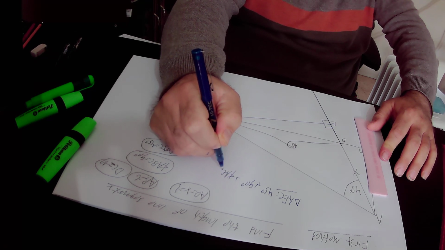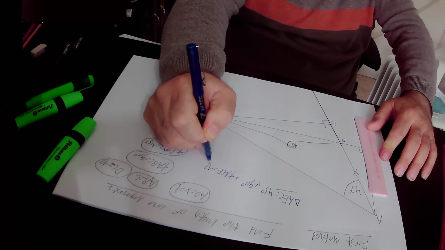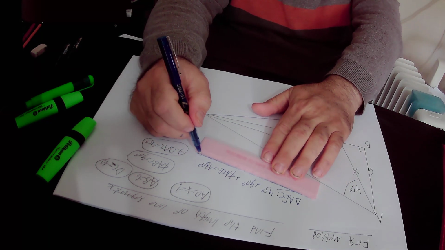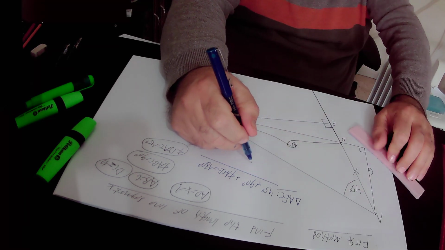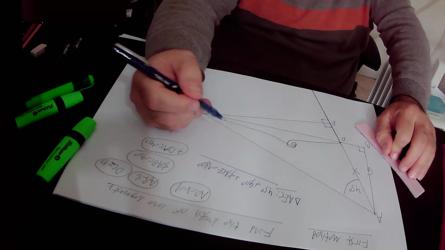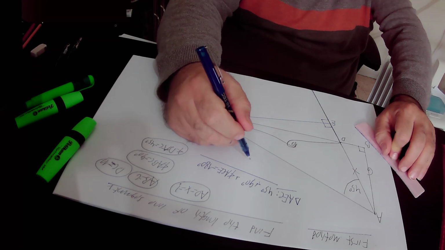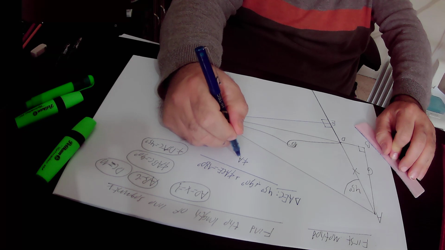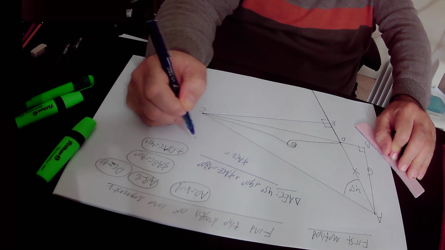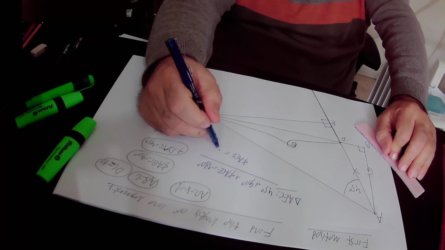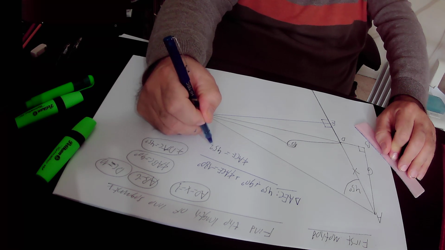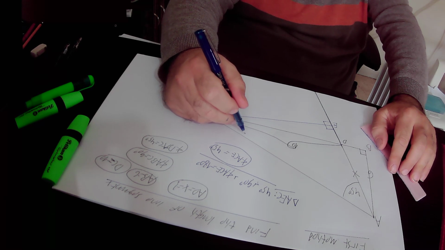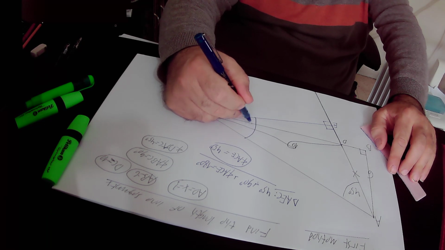In total, the sum of those three angles must be 180 degrees. We'll subtract 135 degrees from this equation, and we'll get that angle ACE equals 180 degrees minus 135 degrees, which is 45 degrees. So this angle equals 45 degrees.